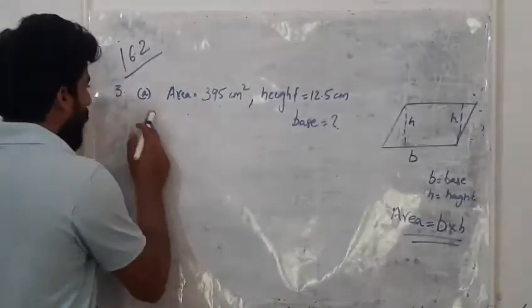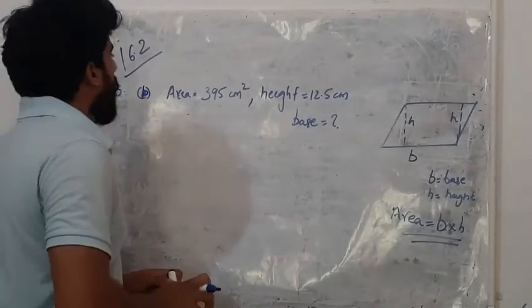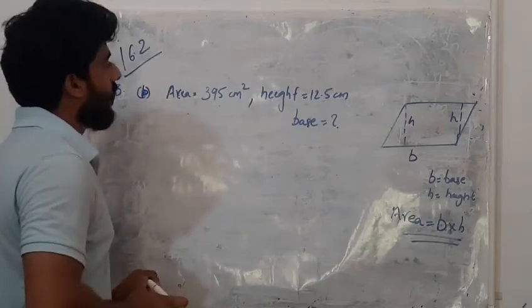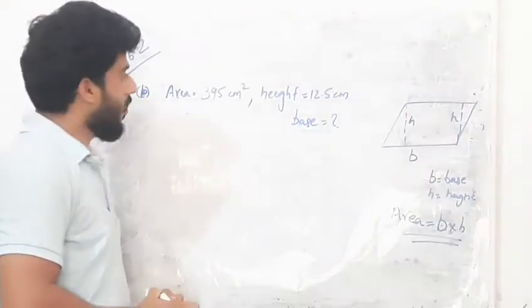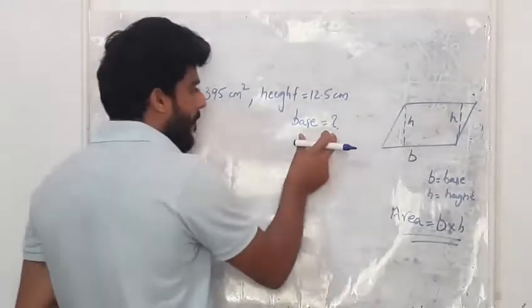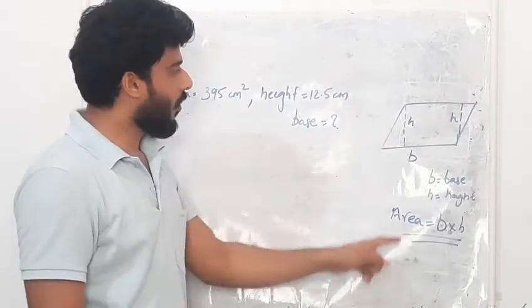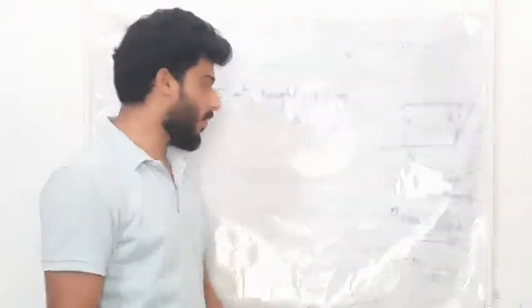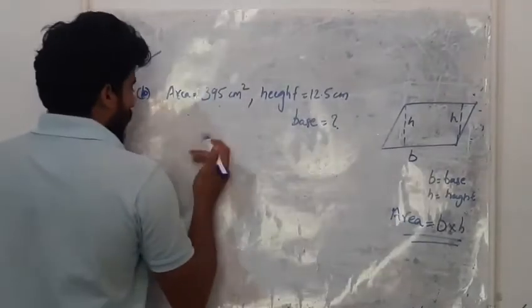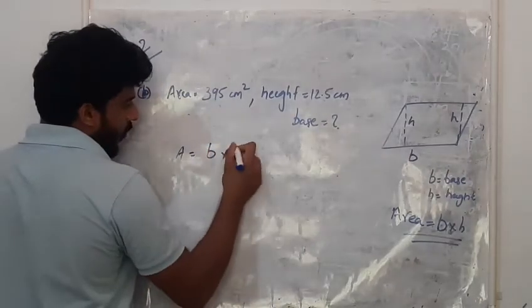Now we are on to question B. The area is given as 395 centimeter square, the height is given as 12.5 centimeter, and we need to find the base. Using the basic equation, area is equal to base into height.